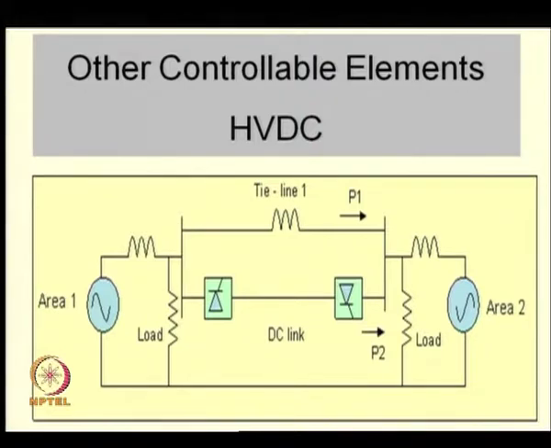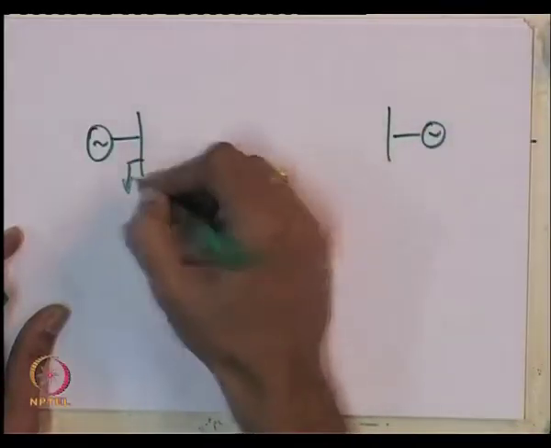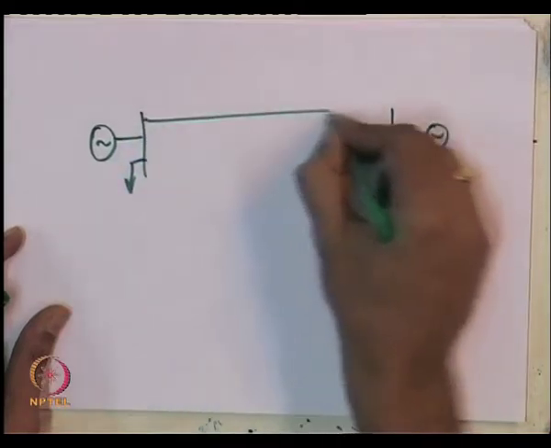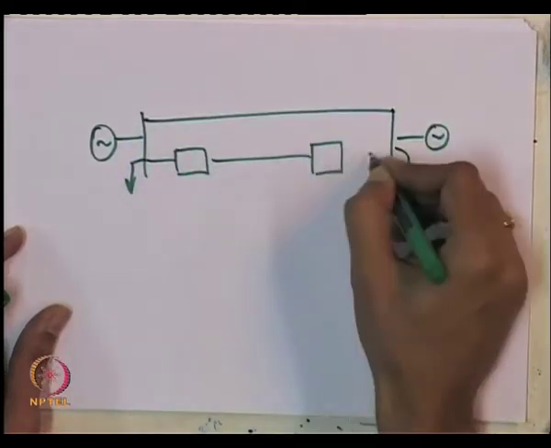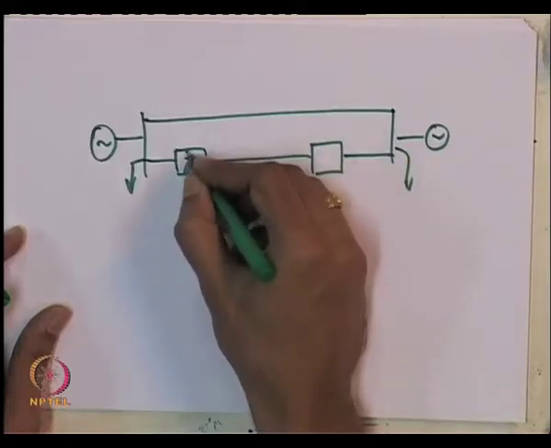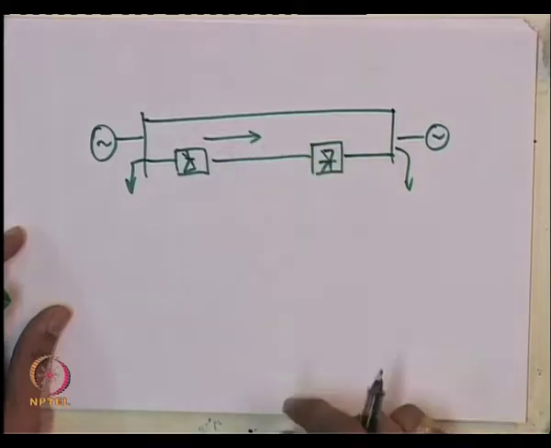You can, by controlling the firing angle of the thyristors used in the converters of an HVDC link, modulate the power in a DC link. Okay. So, if you have got a two area system with its local load, which is connected by an AC line and a parallel DC link, in that case by modulating the power in this.